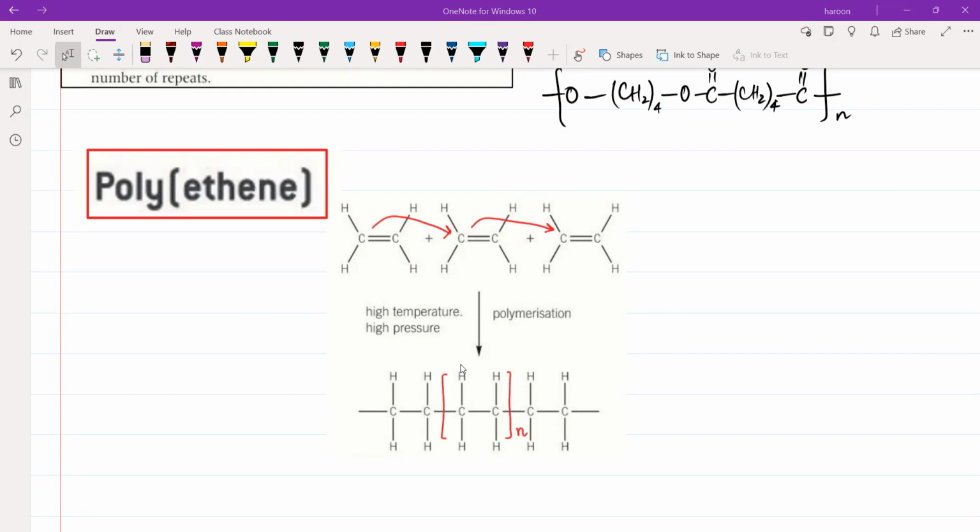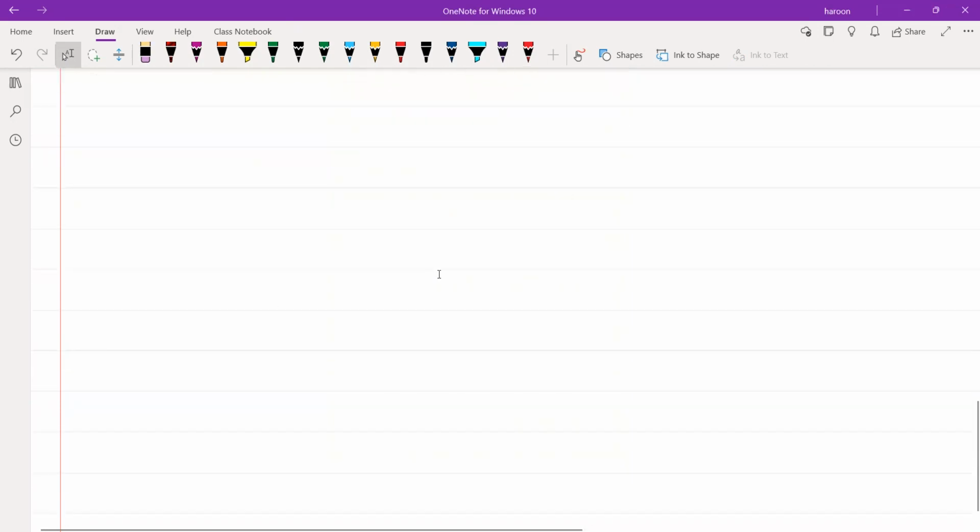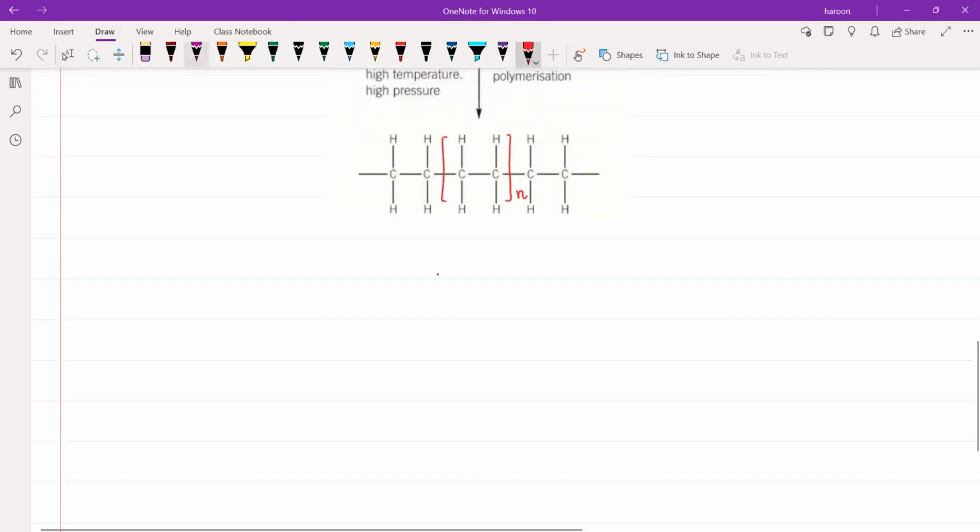Polychloroethene. Okay, that's very important. If we have a structure like this, CH2 bond CHCl having a double bond. So what will happen now?